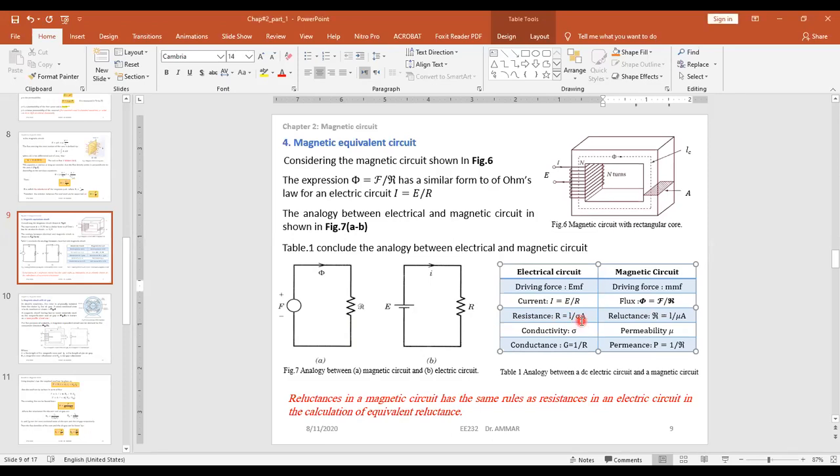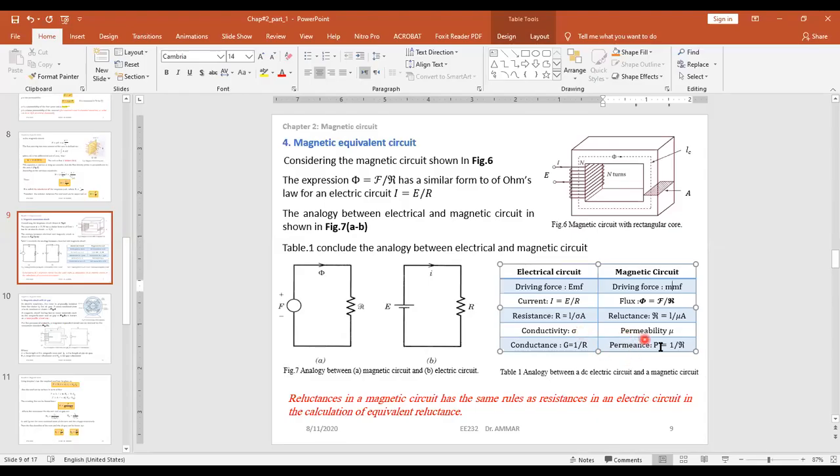Sigma is the relative resistance of the materials. Here the reluctance. Also sigma here is the conductivity, and here we define the permeability. The conductance G equals 1 over R, the conductivity we talked about yesterday, which is the opposite of the resistance.